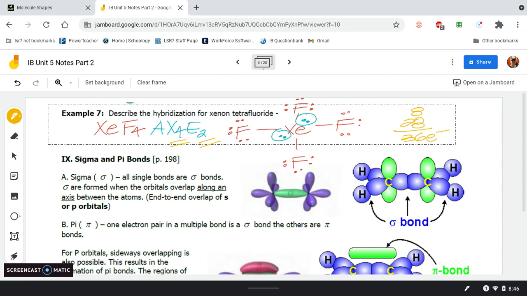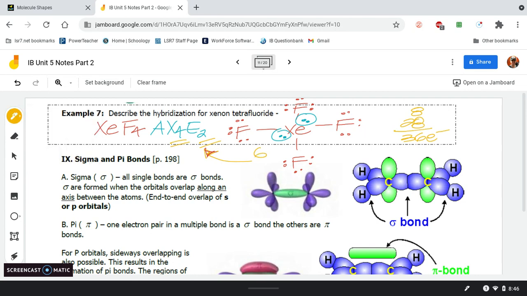It doesn't really matter. 1, 2, 3, 4, 5, and there's a bond there, 6. There's 6 things attached. So it might be easier just to look at your AXEs, since you know how to do that, and then that might get you the answer a little easier. So this is telling me, hey, there are 6 attachments. I need to move on that chart over 6 spots.